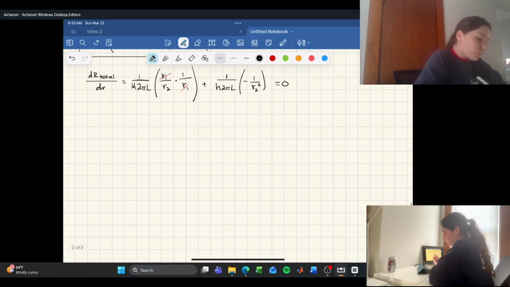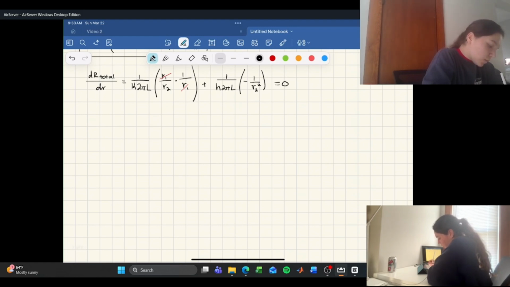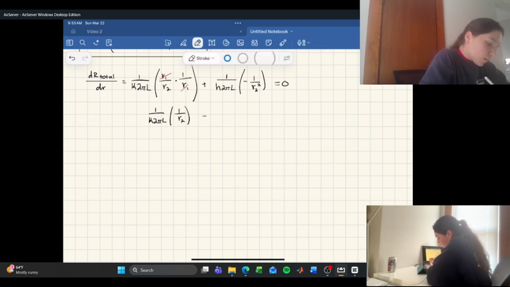So now we can rewrite this to be 1 over the thermal conductivity times 2 pi times the length times 1 over radius 2, plus, I guess this would be a minus, 1 over the heat transfer coefficient times 2 pi times the length times 1 over radius 2 squared. This is equal to 0.